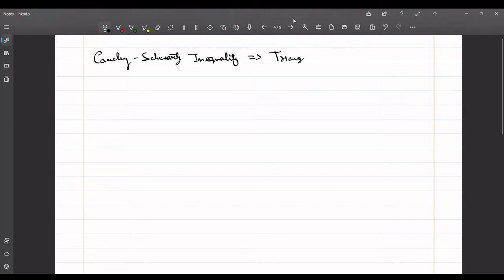I am not proving the triangle inequality in this particular lecture. There are some more inequalities related to the concepts of norms, like the Cauchy inequality. We have some more inequalities, I'm not remembering them at this moment.